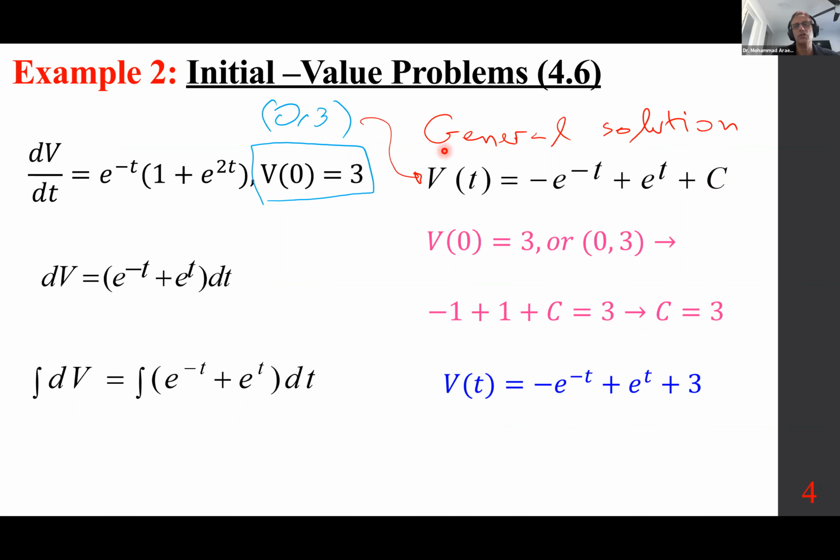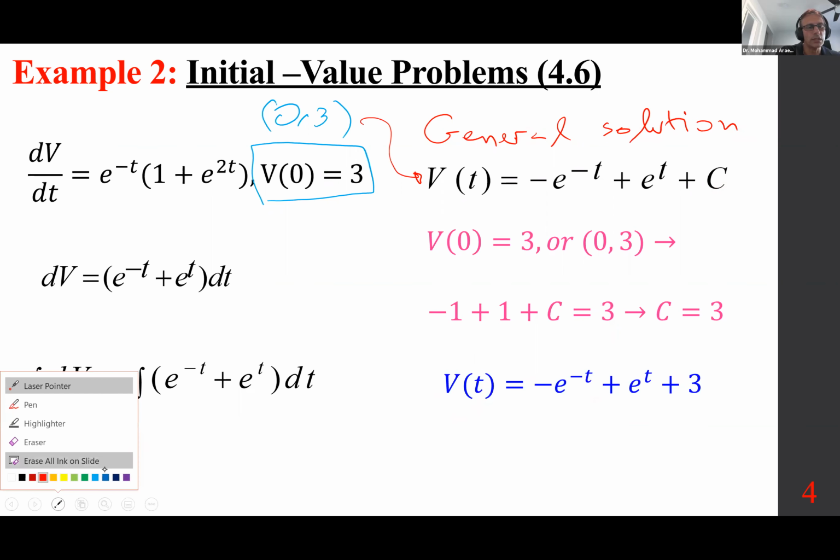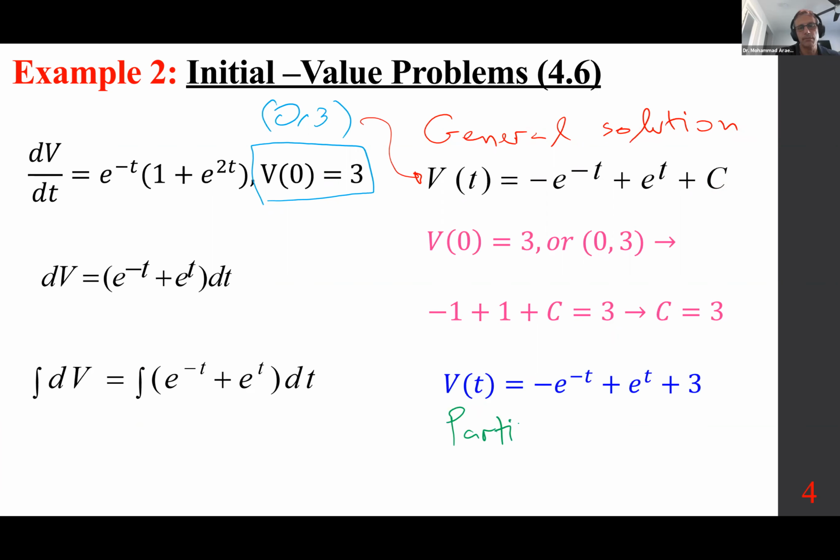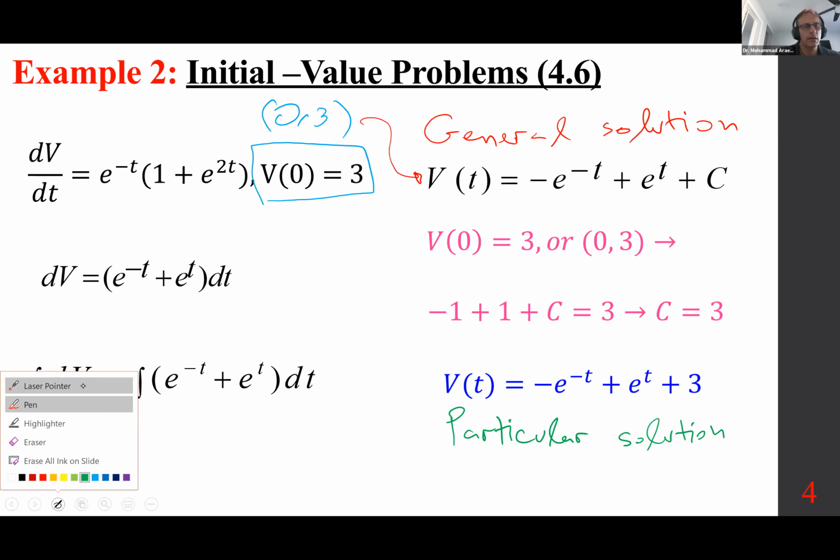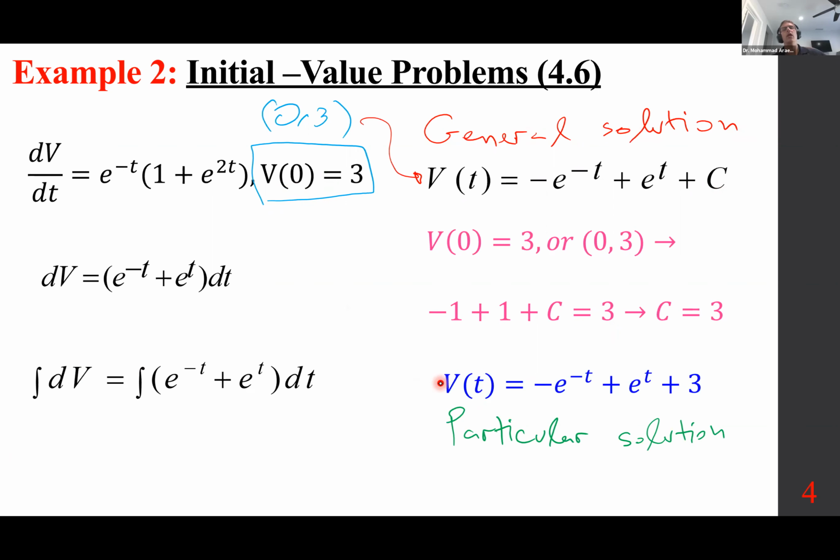And the general solution now gives us one solution, which is known as a particular solution. So the initial value will help us get one solution.